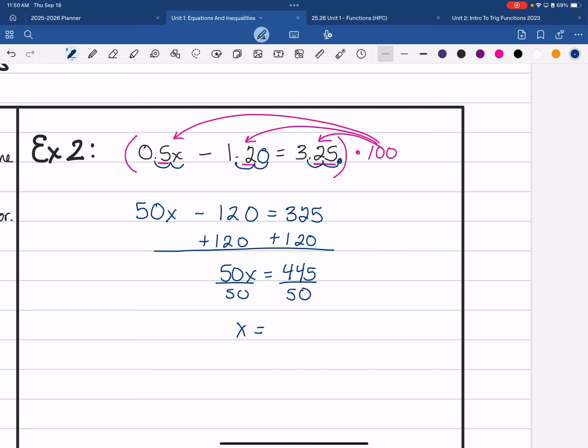X equals, I see that they end in 0 and 5, so I'm just going to divide them both by 5. 5 goes into 445 89 times, goes into 50 10 times, and so I'm left with 89 tenths, which is a great answer, or 8.9, or you could also write this as 8 and 9 tenths. Whatever works for you works for me.